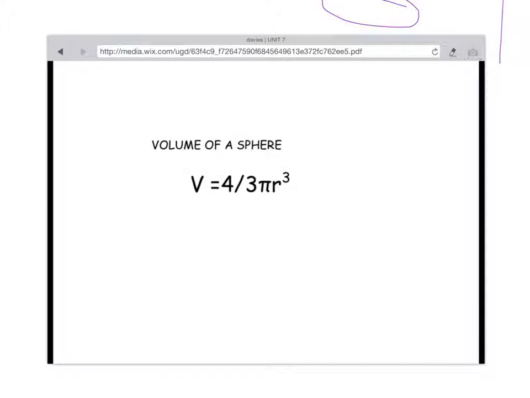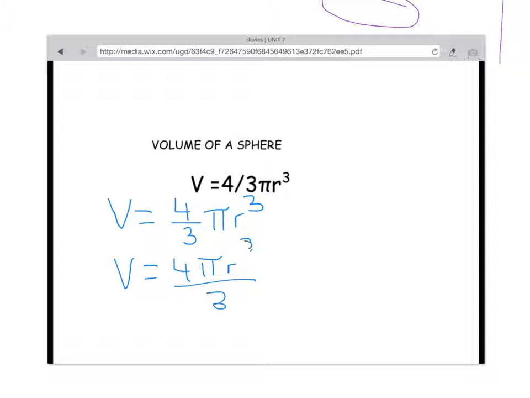The 4/3 pi r cubed, you can write it in a couple of different ways. You can write it as a fraction, 4/3 times pi times r cubed. You might also want to write it as 4 pi r cubed all divided by 3, or you could even write it as 4 pi r cubed divided by 3, like that.